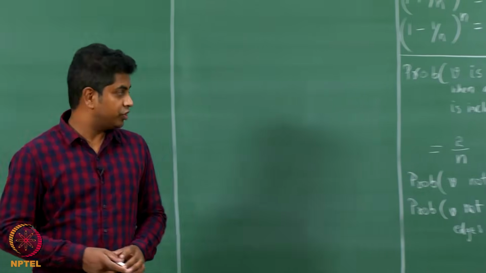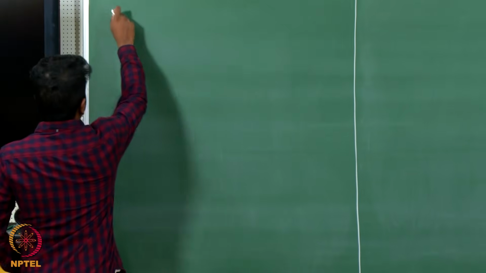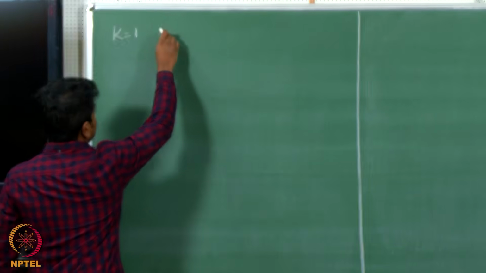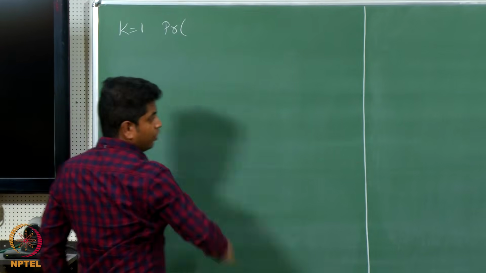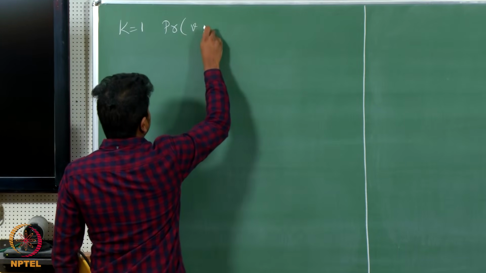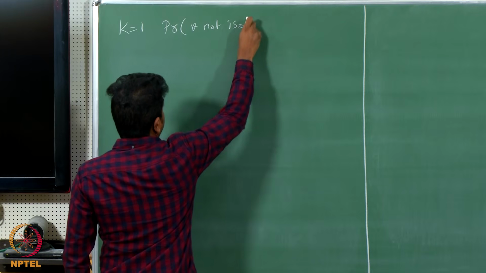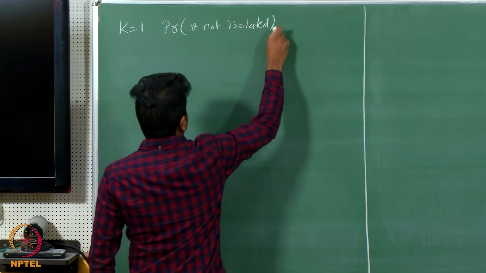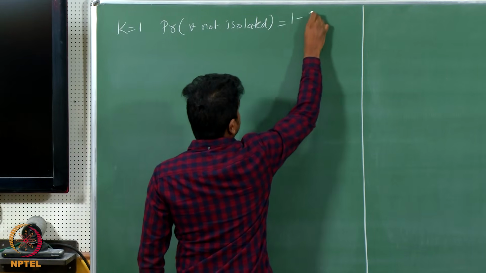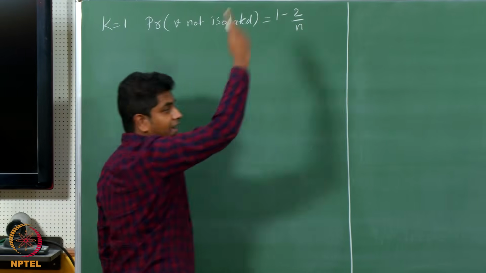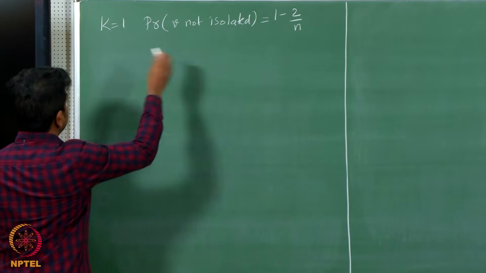Now let me ask this question, when k is equal to 1, the probability of V not being isolated is (1 - 2/n)^k with k being 1, correct.